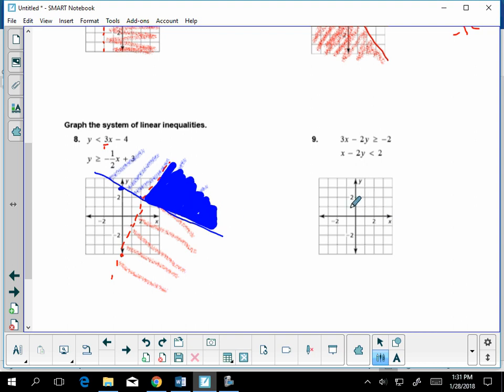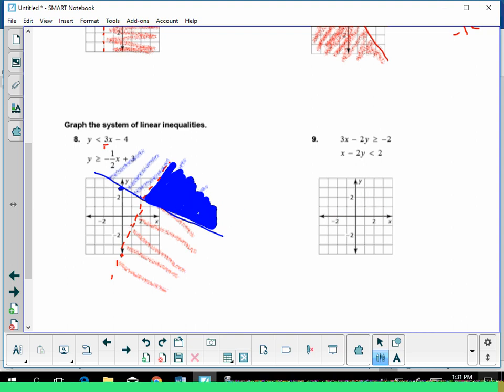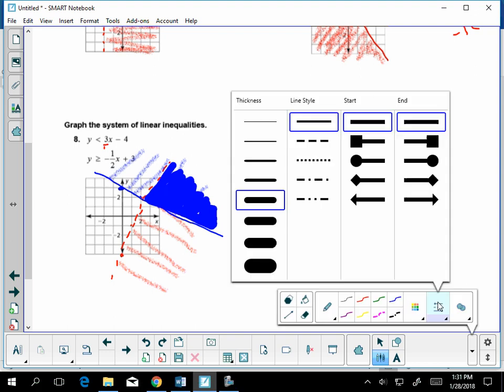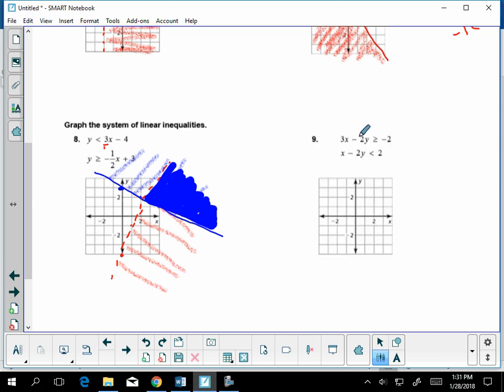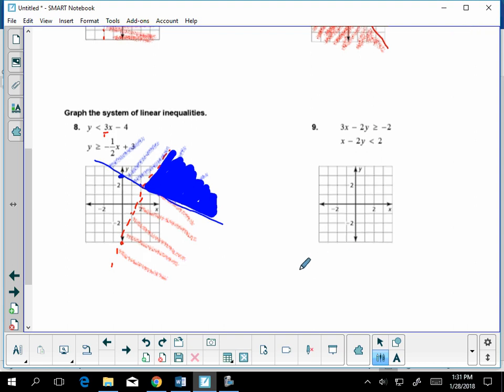All right, let's go ahead and do another one, number 9. On that one, though, it's not in slope-intercept form. So I'm going to take 3x minus 2y equals -2.